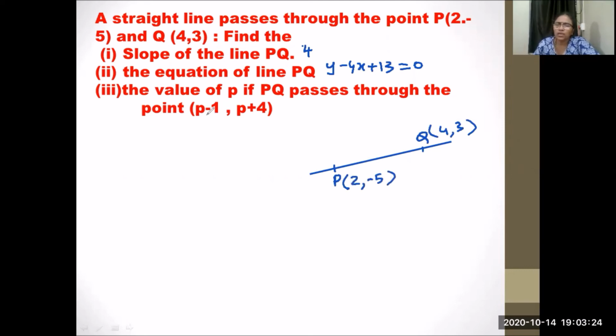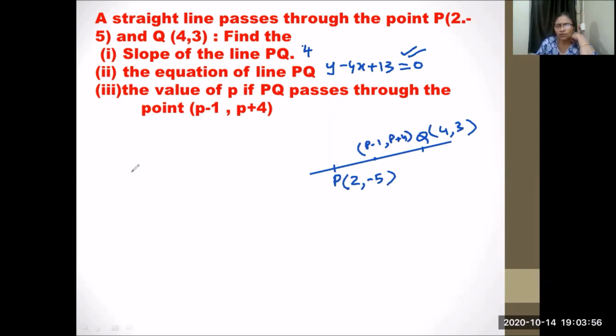Now the third is a conceptual question. What is it? Any point that passes through the line will satisfy the equation. Are you getting it? This is the concept which you need to remember. So this point (p minus 1, p plus 4) is passing through the line PQ, so it will satisfy the equation.